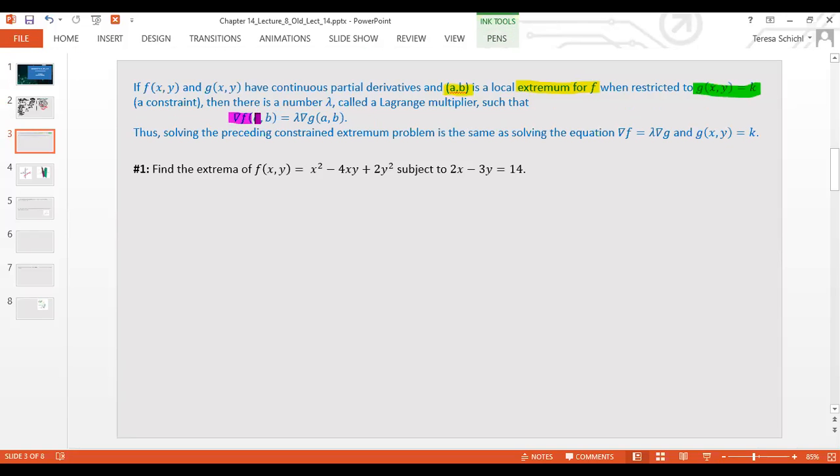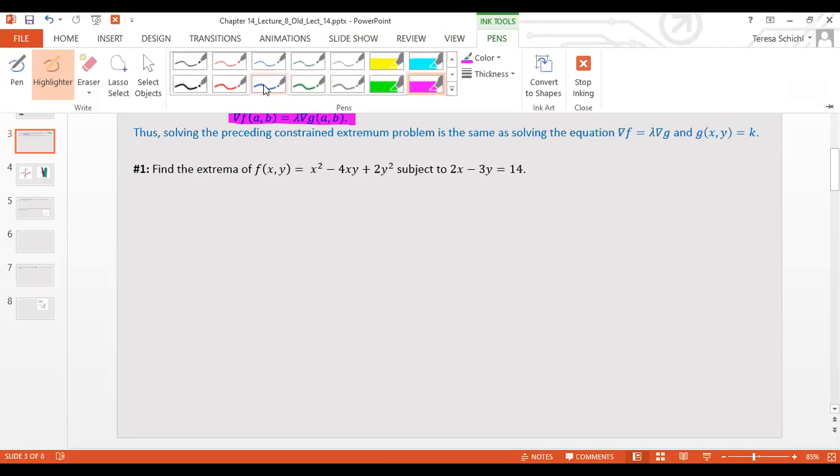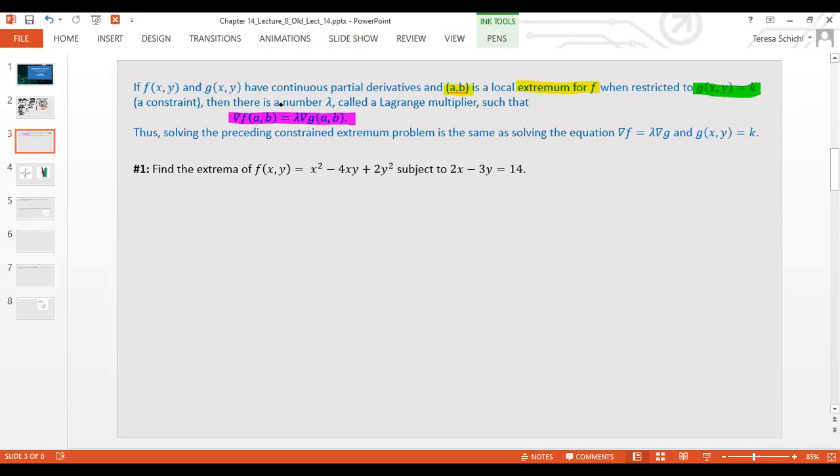That means the gradient vectors of both functions have to go in the same direction, perpendicular to their level curves, right? So we solve for lambda, and lambda is what we call the Lagrange multiplier.